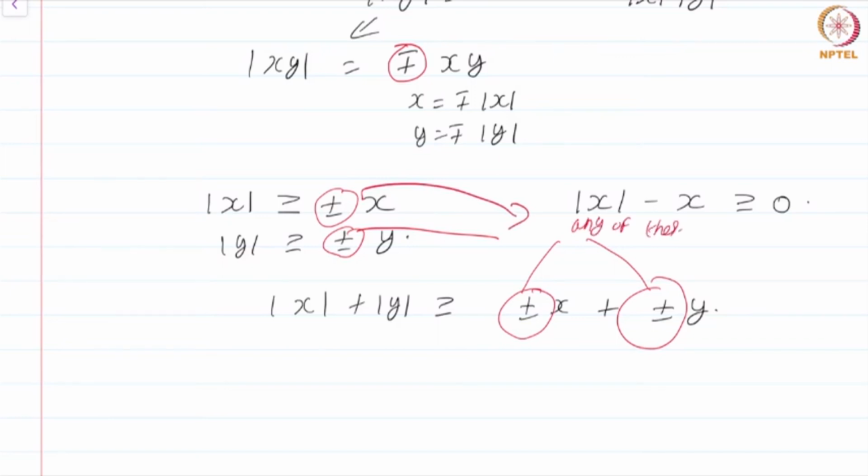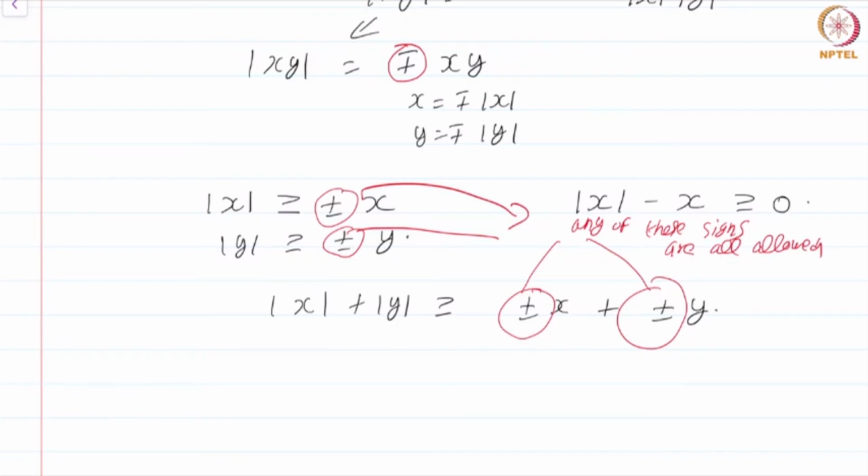Okay. In the previous cases, the equality is true for only one of them. Mod xy is either equal to xy or it's equal to minus xy. It's not equal to both.